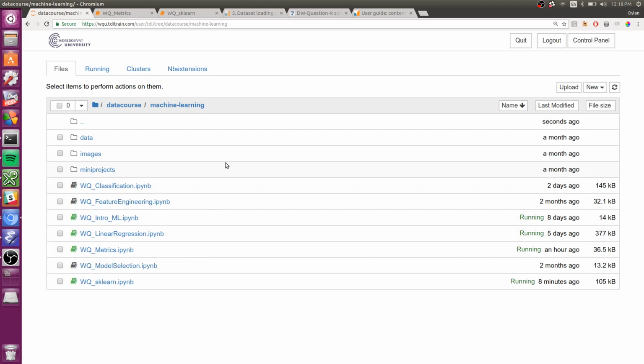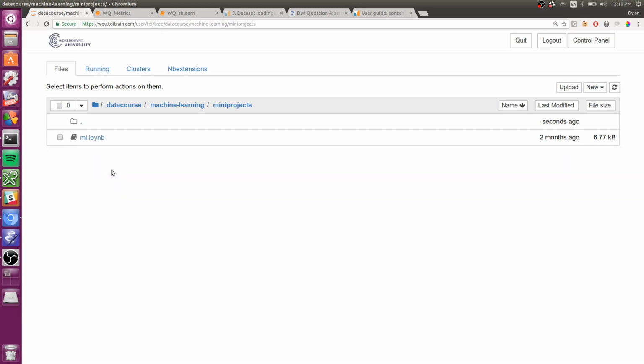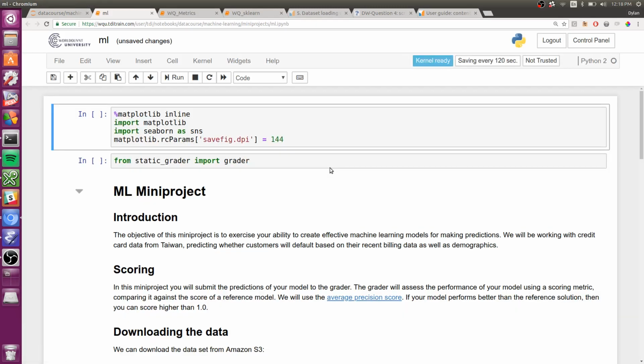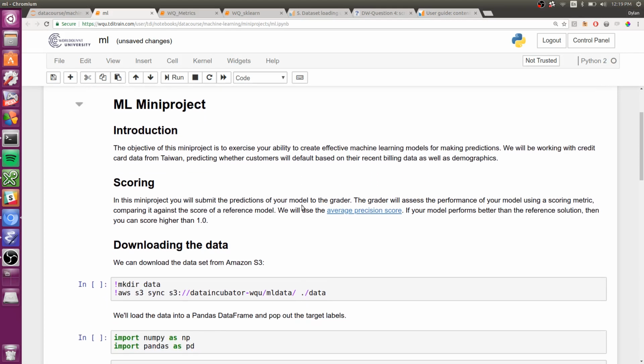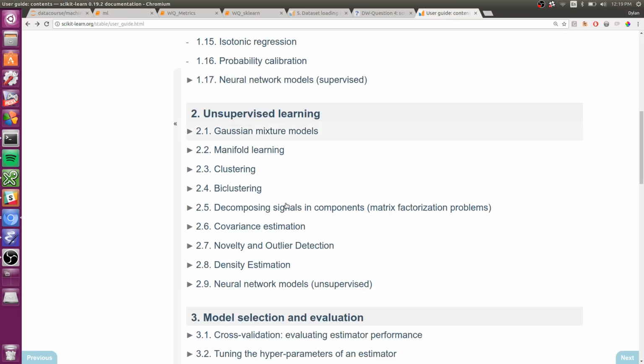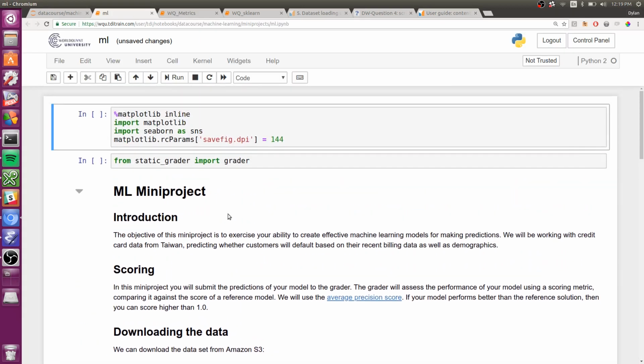I would say also at this point, I hope you are familiar enough with sklearn and how the various components work. Between the examples that I've worked through in the notebooks thus far and by looking at the documentation, you should be able to start making headway on the ML mini project.